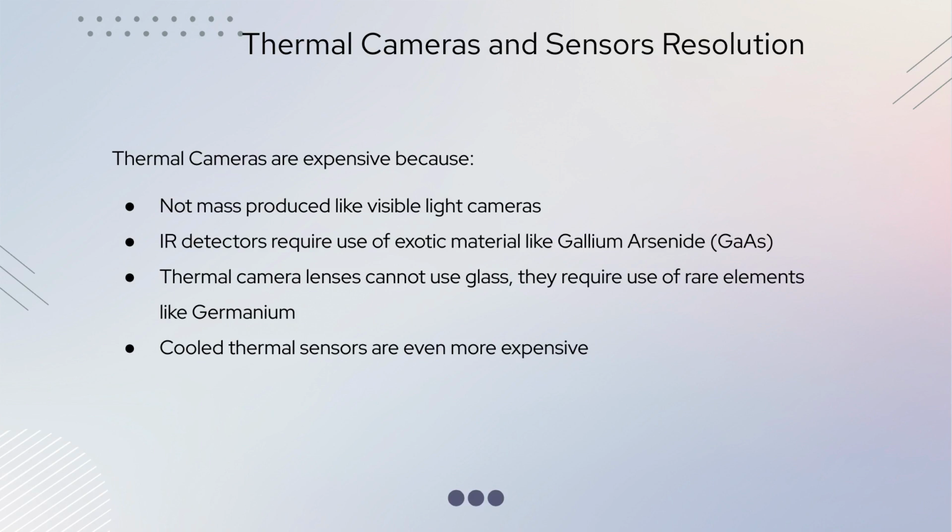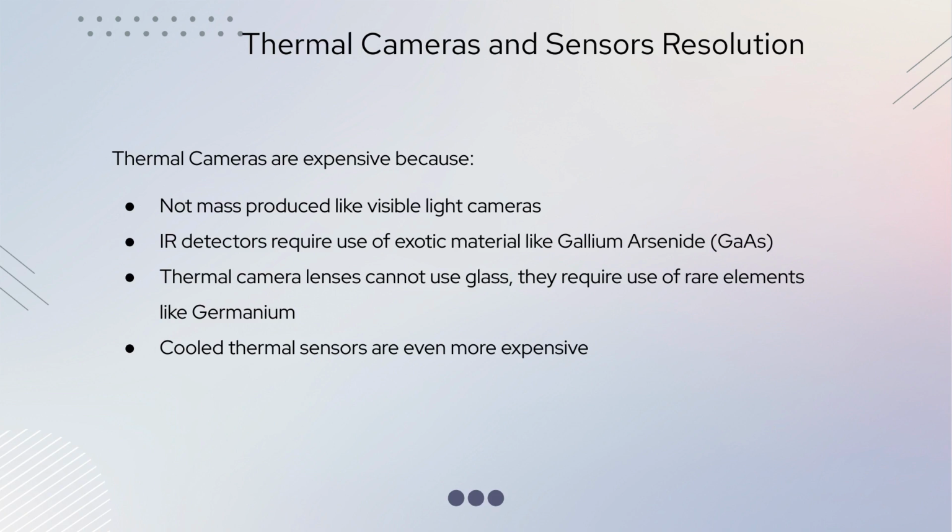Many people ask why thermal cameras are so expensive. There are a number of reasons. 1. Thermal cameras are not mass-produced like visible light cameras, meaning that they have not achieved the economy of scale. 2.